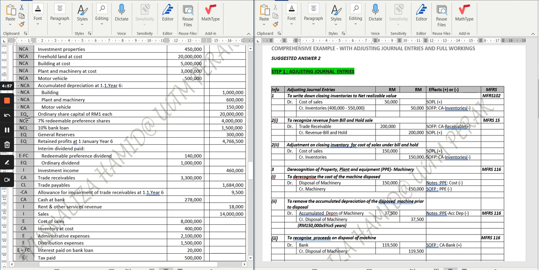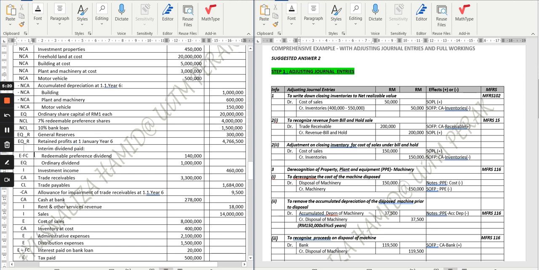Only equity and the reserves will be included. You can see here, for example, EQ here stands for equity, but to be specific, these are the reserves, right? Same goes for the retained profit. This is also a reserve. What you need to take note of is that the retained profit given here is as at 1st of January year 6.